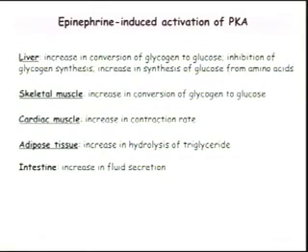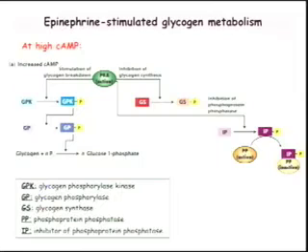So in the next two slides, I'm going to show you some examples of how PKA really coordinates this whole process of generating more glucose. This is at high cyclic AMP condition, which is when you have a lot of hormone, beta-epinephrine, running in your body. When you have the adrenaline rush, you want increased glucose production.